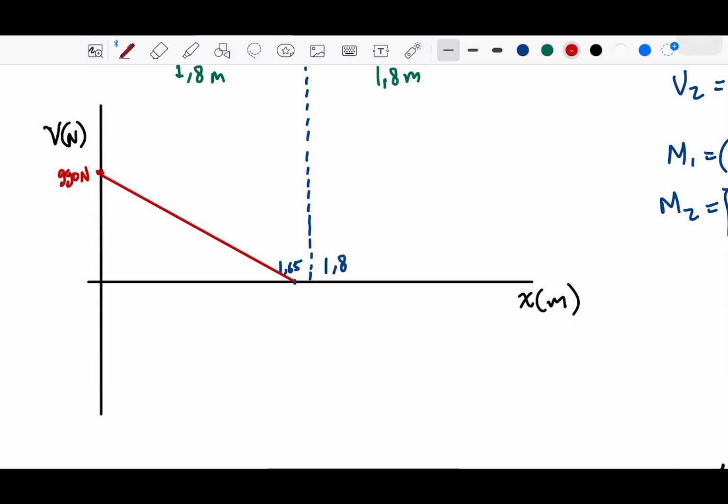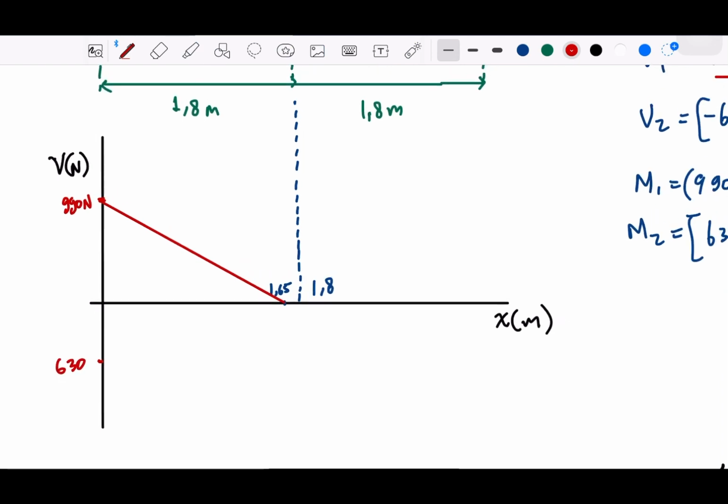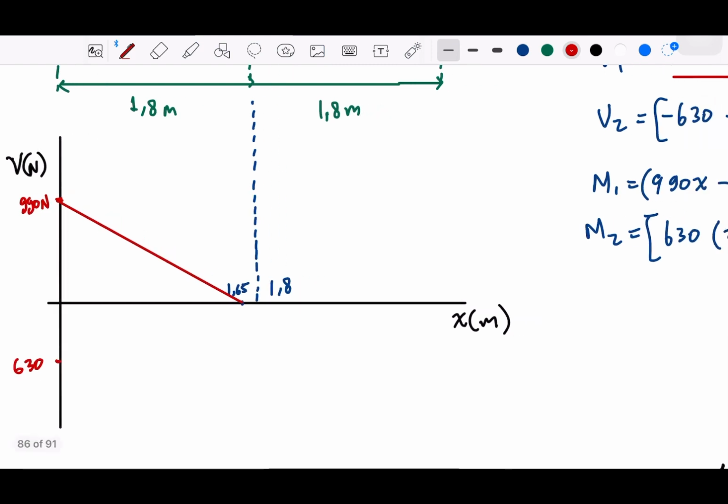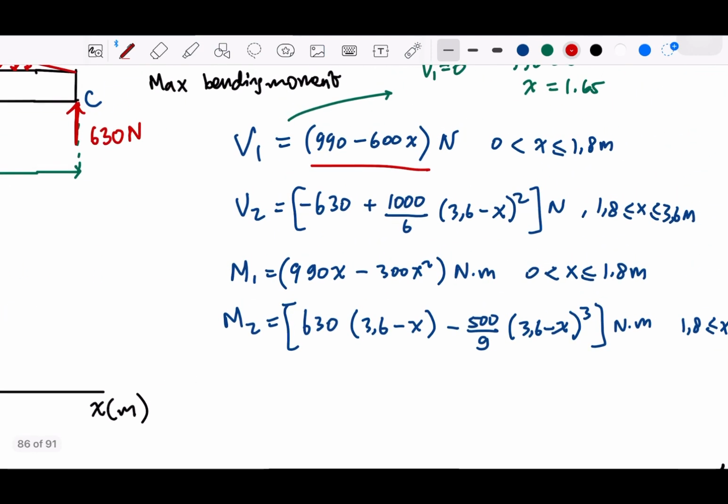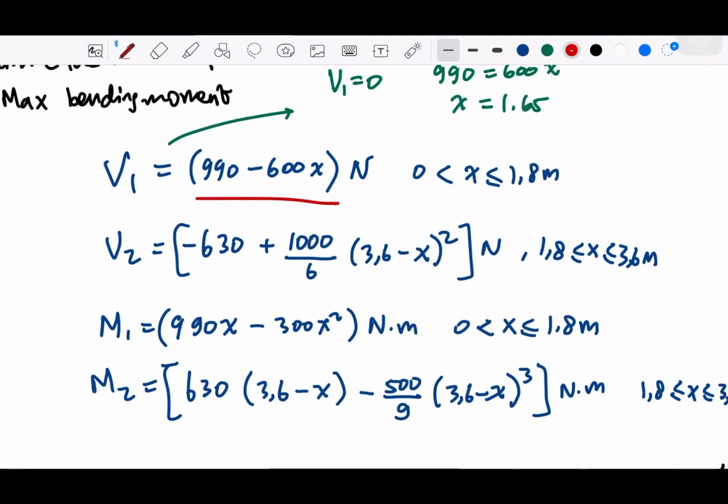So maybe around here, let's say 630. After we move to this 1.65, then we are going to use the second formulation.